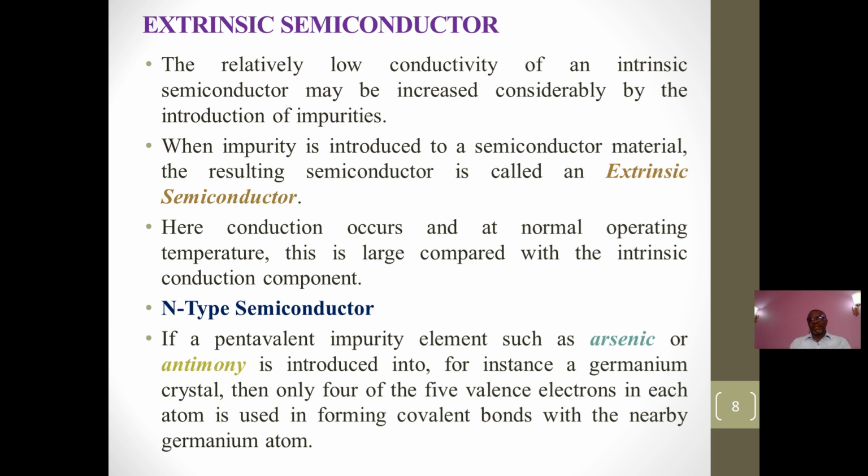Now, you want to do something to make that conductivity give you what you want. Then you go on to dope it with some materials. When you do that, you have what is known as an extrinsic semiconductor. This extrinsic semiconductor is very, very useful in electronic engineering. And the first thing it gives is this diode we are talking about.